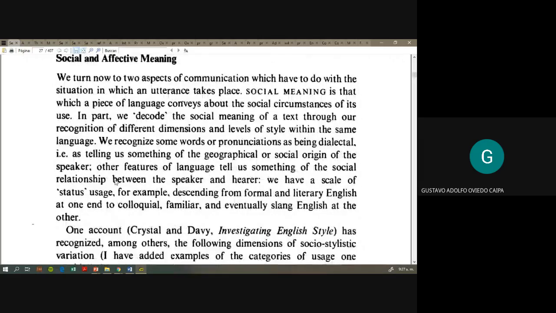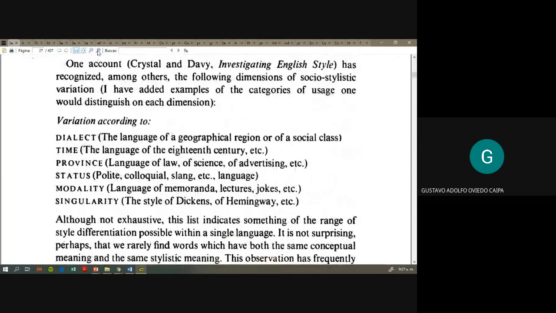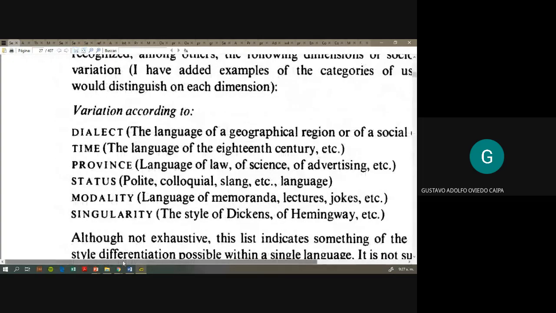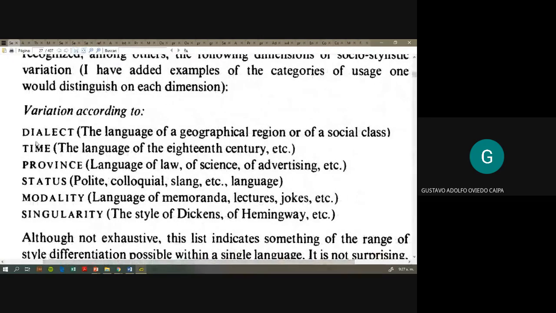So social meaning, social affective meaning, and there it says it distinguishes dialect, time, province, the language of law, the language of science, the language of advertising. In this case, it will be the language of cat breeding. It will be the language of animal quality.